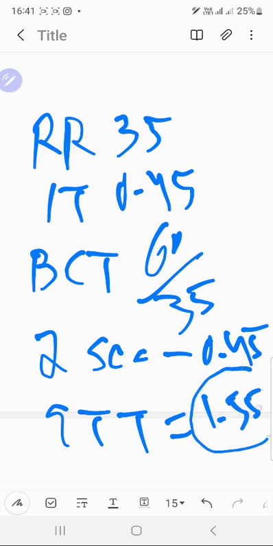So if you can see now, previously your expiratory time was very less, 0.75, and by decreasing the rate, your expiratory time has increased to 1.5. This is the time where the patient needs to exhale his or her CO2.